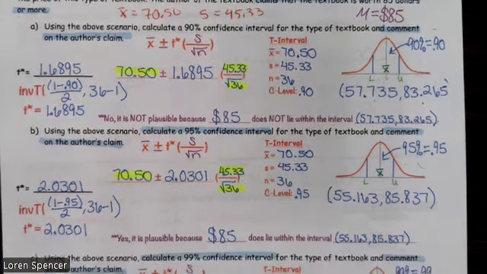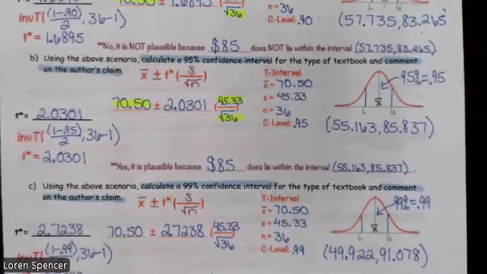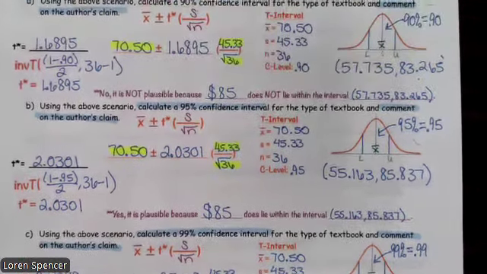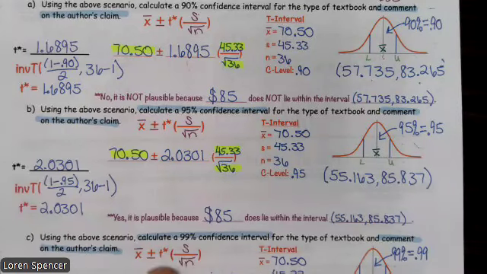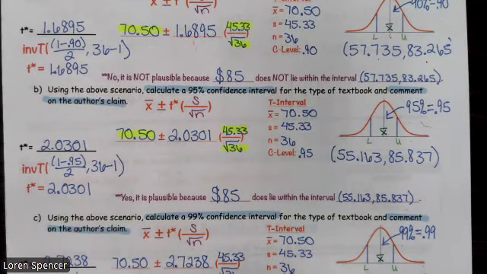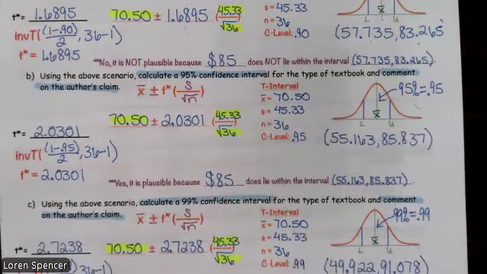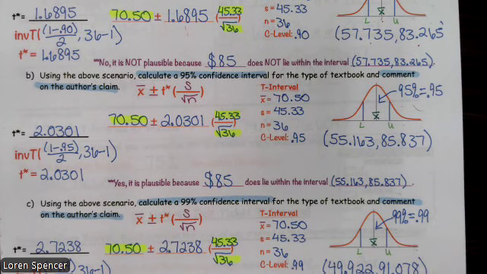All right, part C. Using the above scenario, calculate a 99% confidence interval. Well, once again, we're still working with the same formula. And so at that point, we know the sample mean, the sample standard deviation, and the sample size are all going to be the same.